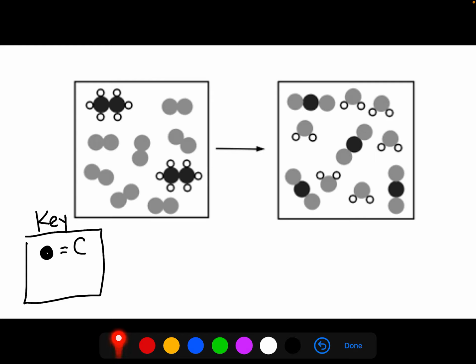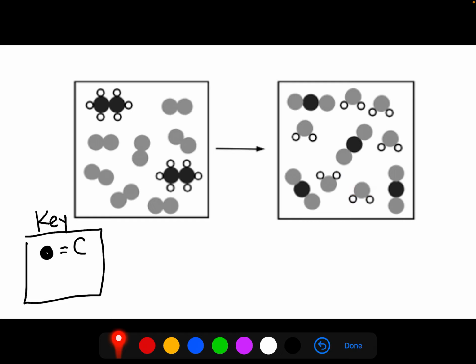That would help me realize that this is a combustion reaction. If I were to go through and count this, I would see I have 6 hydrogens and 6 hydrogens, or 12 hydrogens. And after the combustion reaction, these are hydrogens attached to oxygen, also known as water. So this matter has been conserved.